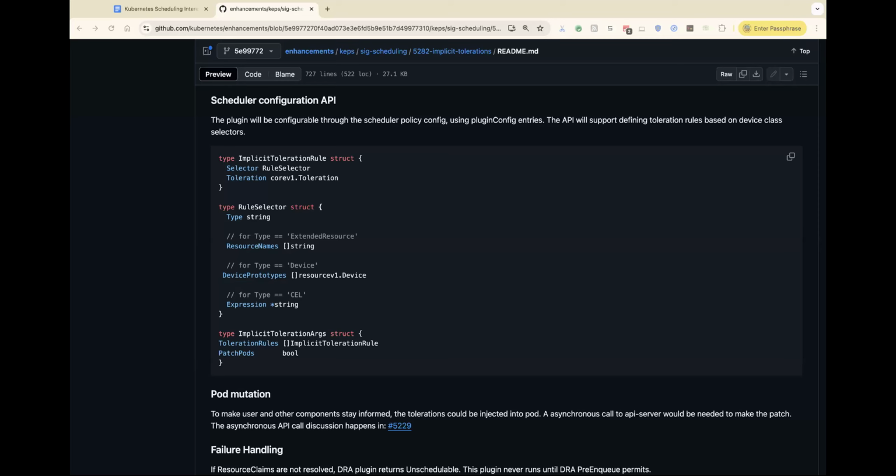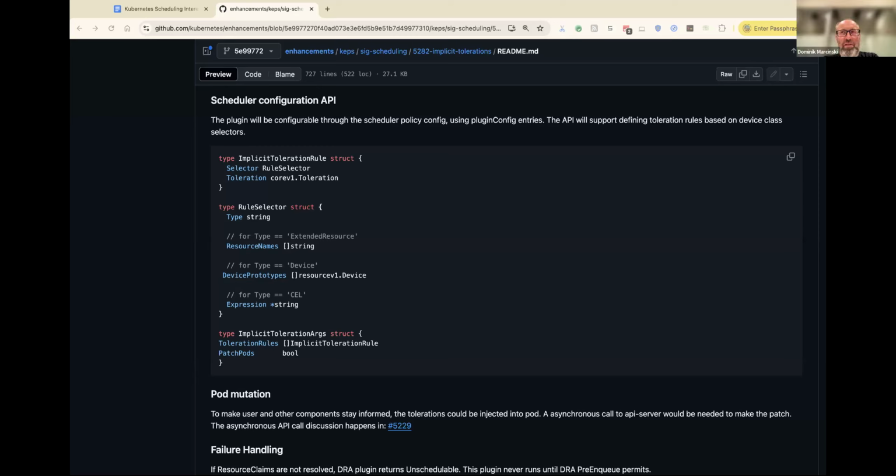I don't think the taint toleration plugin would work, just because people might configure it to run before other plugins. So it's not guaranteed we have the clear information we want to decide if we're going to add the toleration or not.